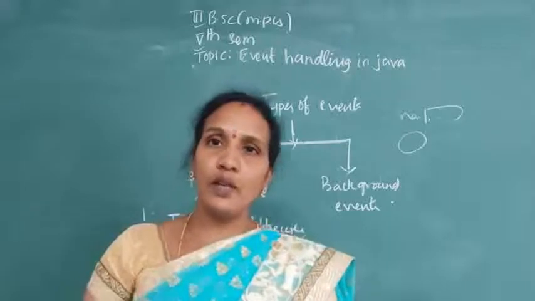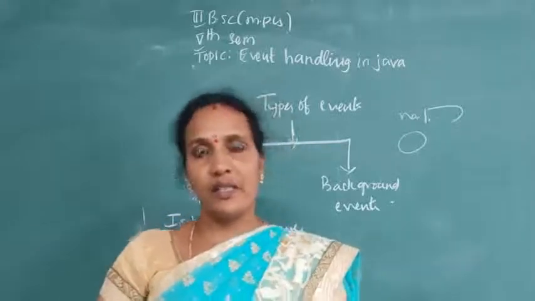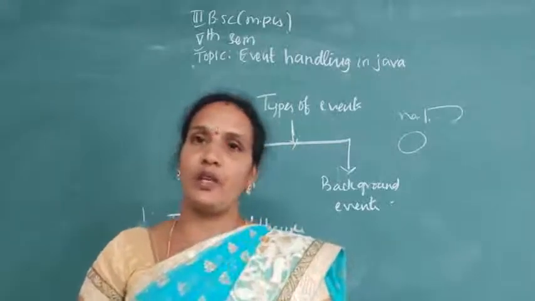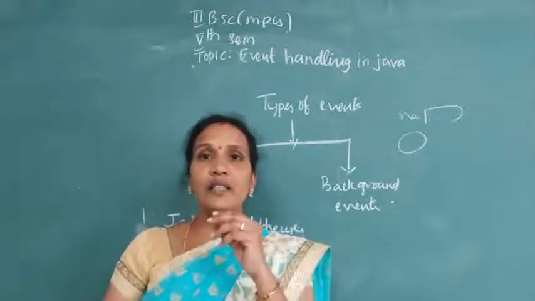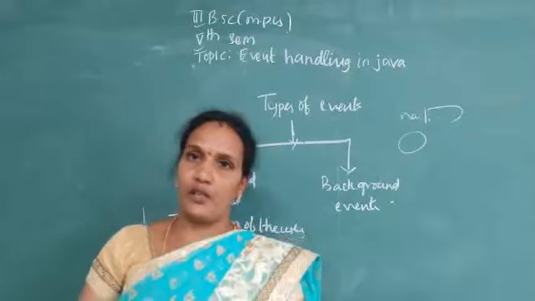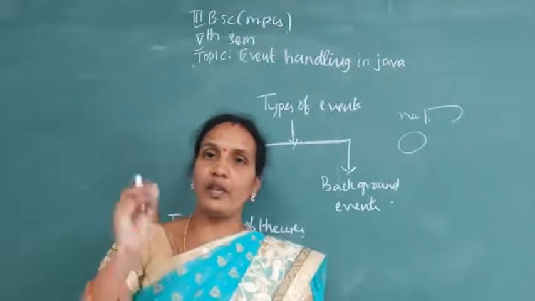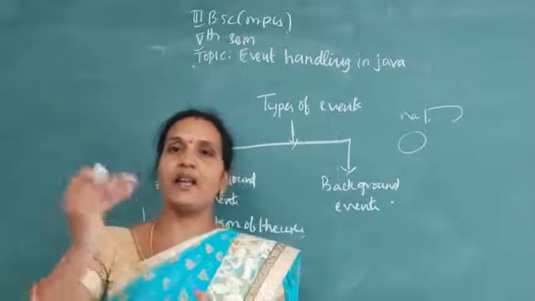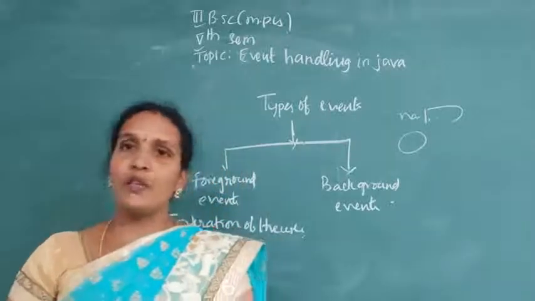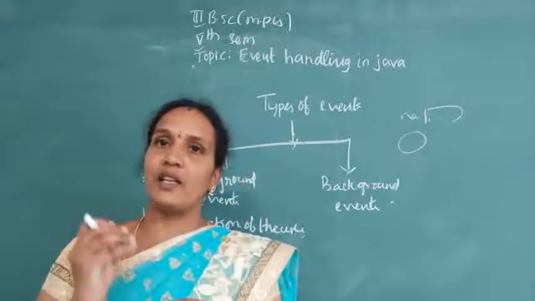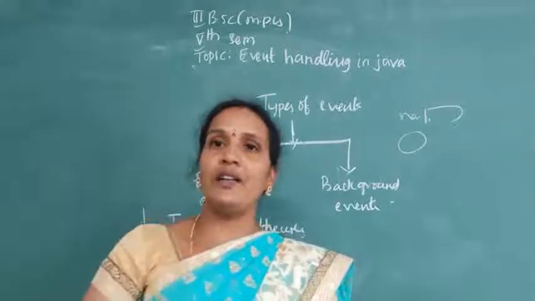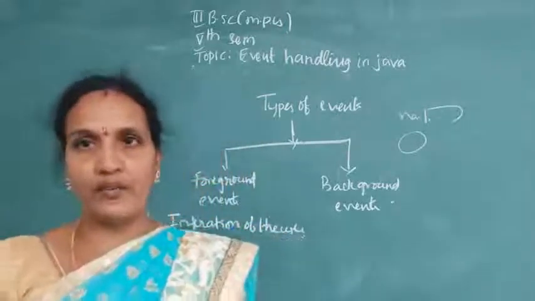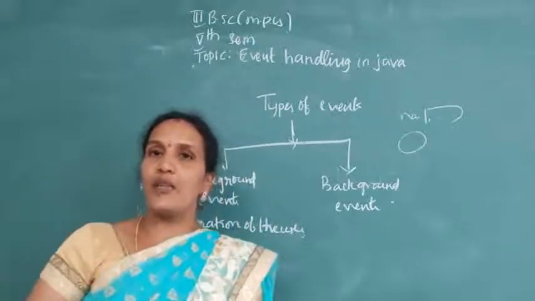So what are the foreground events? Foreground events are directly generated by the user. It means that events are generated when the user interacts with the graphical user interface. So when the user is clicking on the form, the user is interacting with the form, and when the user clicks anything on the form, an event is generated. Such an event is called a foreground event. So what are the foreground events?